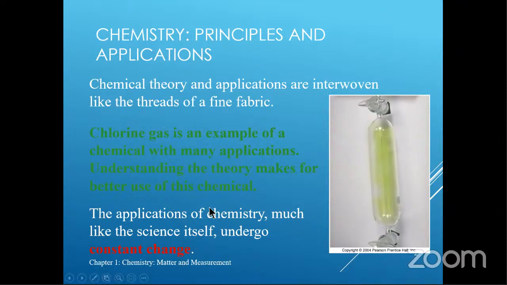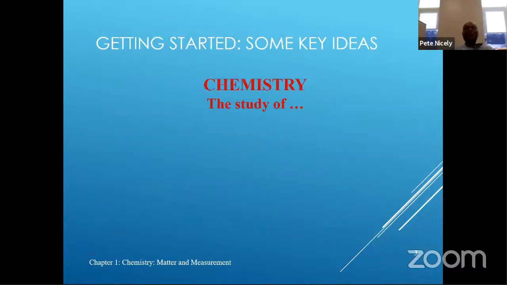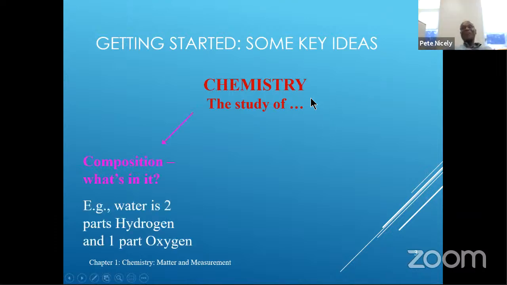So as stated here, the application of chemistry, much like the science itself, undergoes constant and rapid change. Every year, there's new information about a different substance, and every year there are new substances used to better our lives in medicine, pharmacy, agriculture, etc. So what is chemistry? Chemistry is the study of matter and the changes it undergoes.